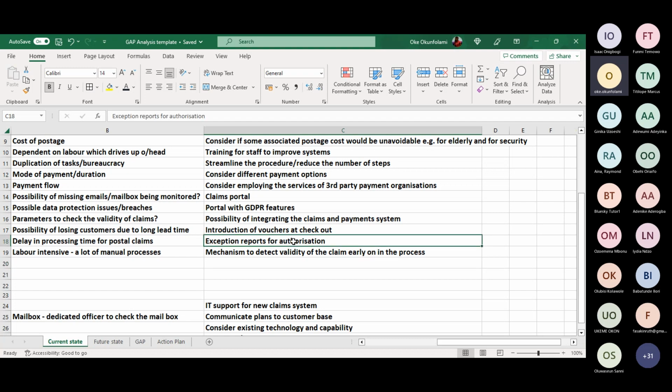And if it's an automatic one, the moment the customer submits it, the system has some checks for the validity of the claim and for the amount of the claim. So immediately, if it goes above that threshold, an exception report is created, and that claim goes direct to, let's say, the senior claims officer.